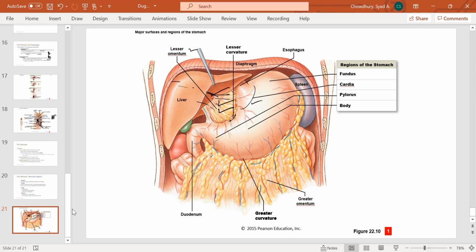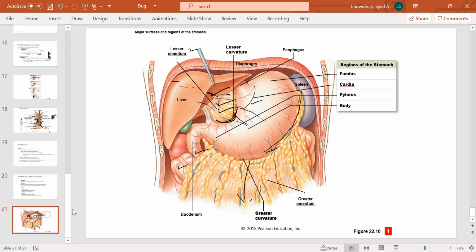Then the lesser omentum enters at the lesser curvature and covers the whole stomach and gets out through the greater curvature and drapes downwards to cover the entire front part of your small intestine, large intestine, those structures or organs.